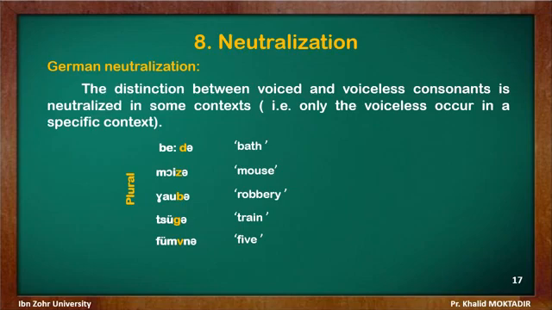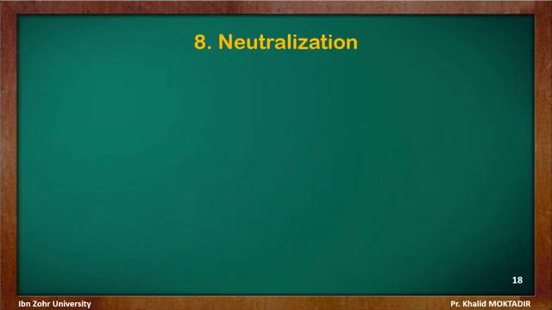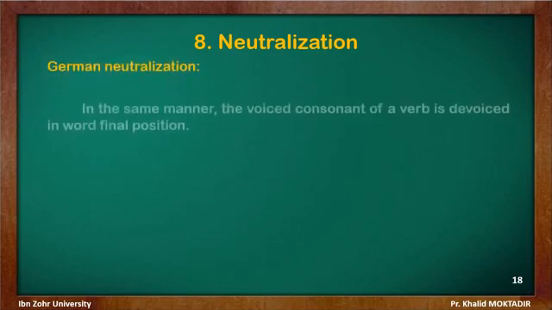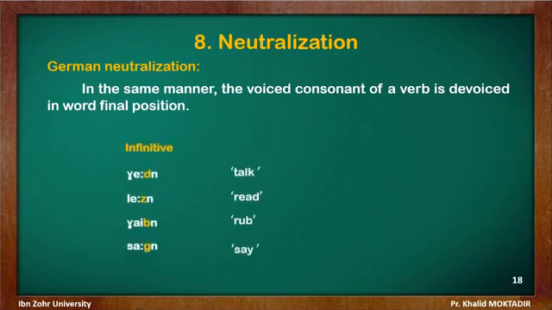Bäder, Mäuse, Raube, Züge, and Fünfner. Now look at the voiced sounds in these words. When in final position, they all become voiceless. The same process happens in verbs when we move from the infinitive to the imperative.